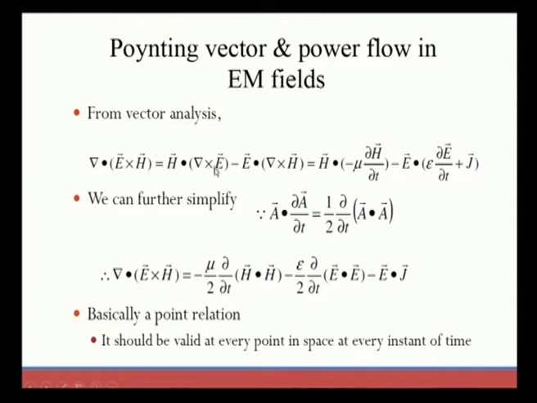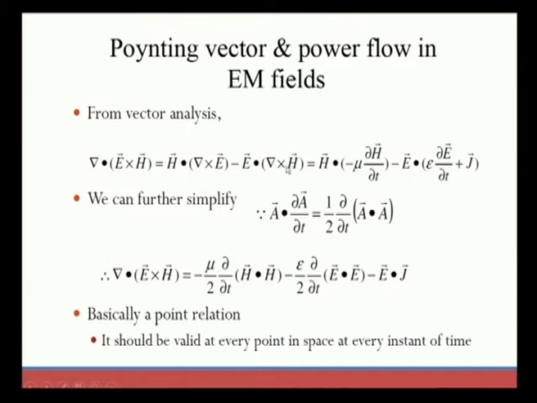This equation can be rewritten like this, and this term del cross E will be written as H dot minus mu dou H divided by dou t, the partial derivative with respect to time of the magnetic field. And this minus term will again be rewritten here.